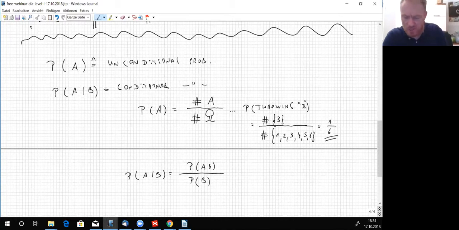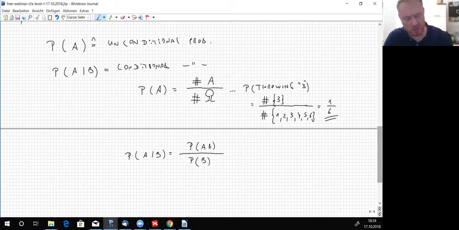That's called a conditional probability, A given B, and make sure the slash goes down at a right angle, not to the side, not to this side, nor to that side, but just going straight down.